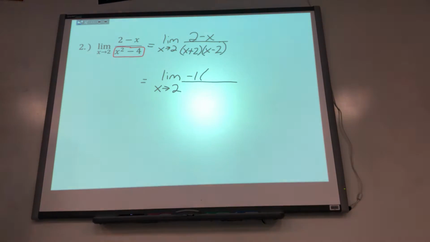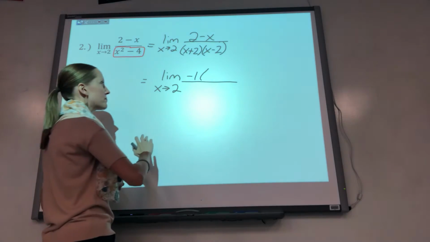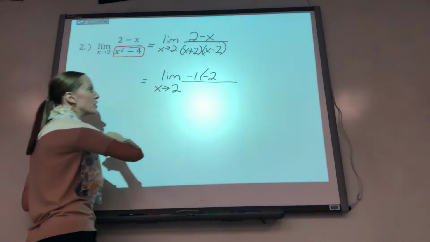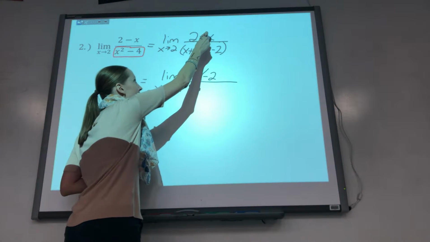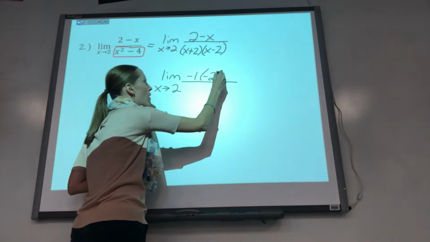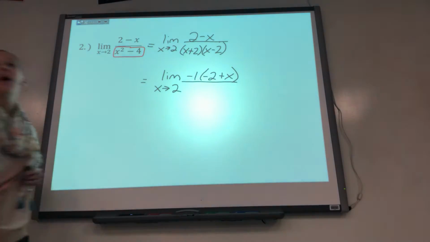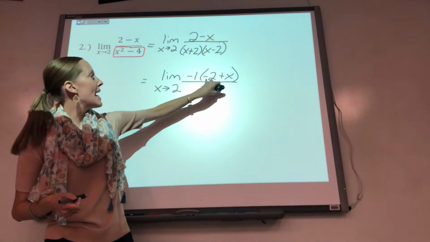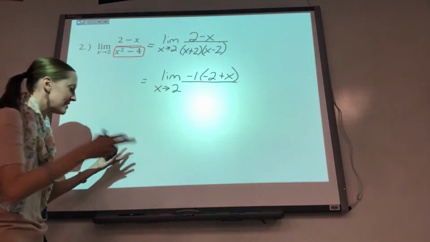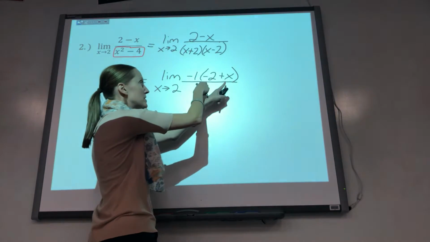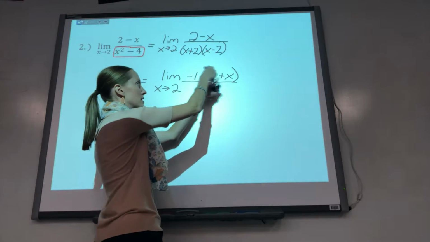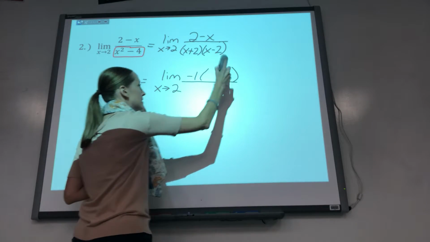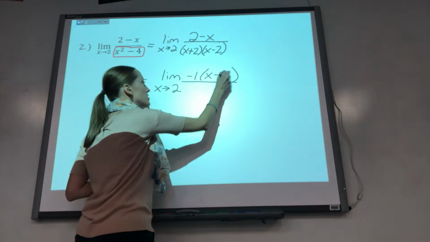If I factor out a -1, 2 divided by -1 is -2, and -x divided by -1 is positive x. So -2 plus x, that's the same if you switch that around, because now it's a plus. If you switch that around, it would say x minus 2.